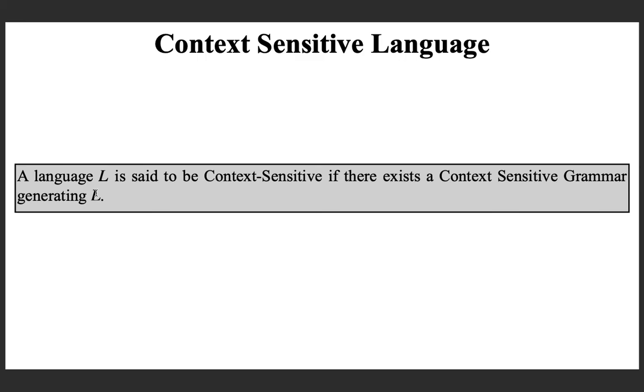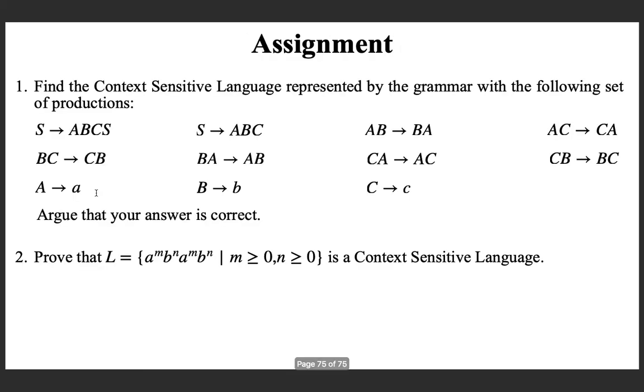With this, we are finishing this lecture and discussion on context sensitive grammars, and I am giving you 2 practice questions as assignment. For the first question, I am giving you a grammar. It's very easy to observe that this is a context sensitive grammar, and you are asked to find the language represented by this grammar.